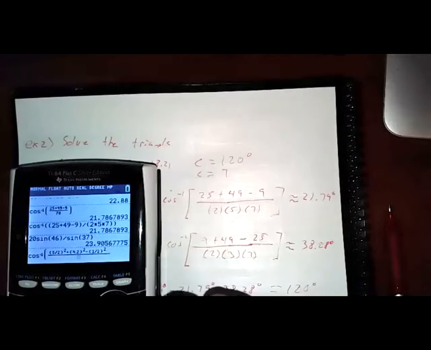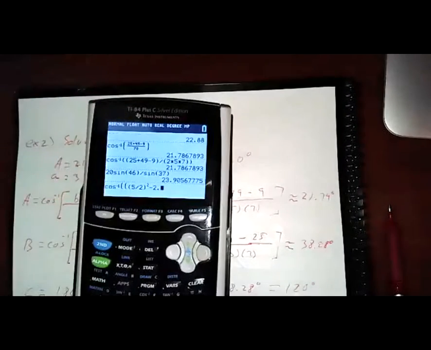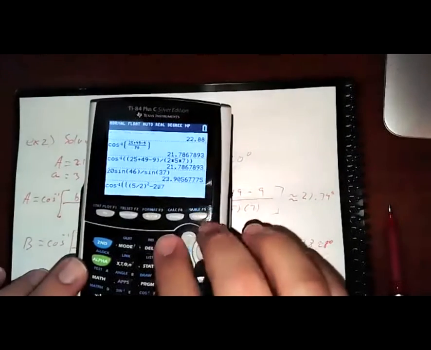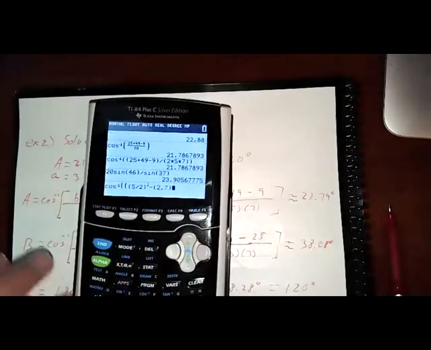But if you don't have the fraction button, you would have to do it like this, which is not going to be pretty. You have parentheses at the top. So you'd have 5 halves in parentheses, minus, let's say it's 2.7 or something, that would need to be in parentheses too.